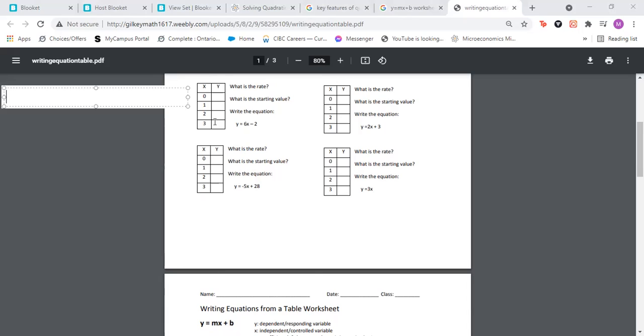So we already know that the y-intercept is -2, so it would go -2, then 6. So go 2, 4, 6, 8, I think, on the y.